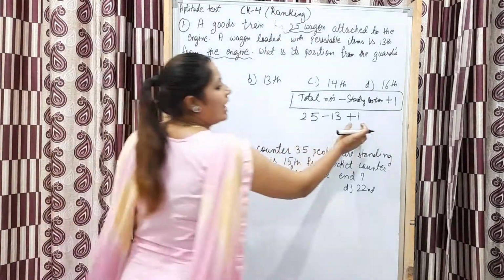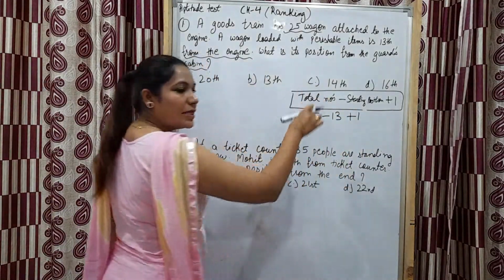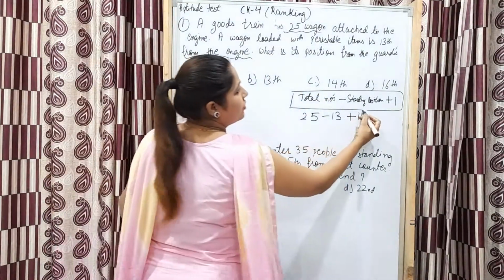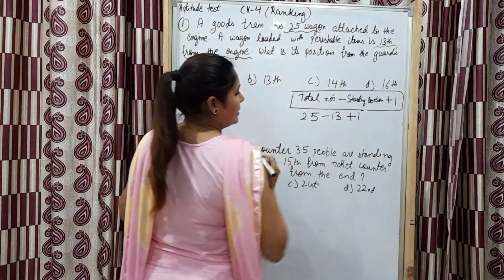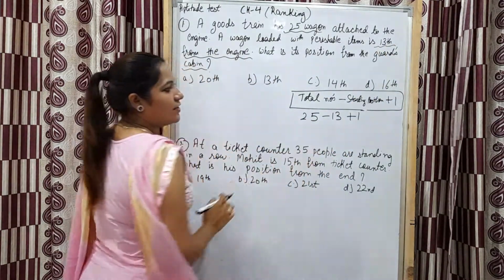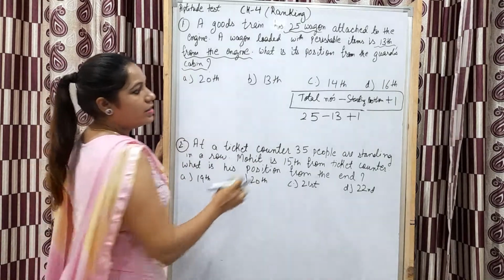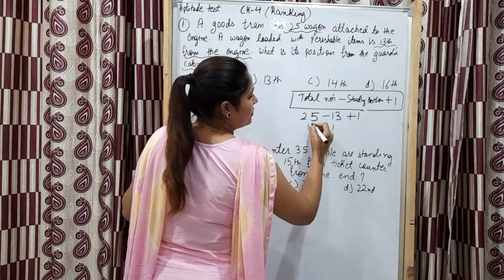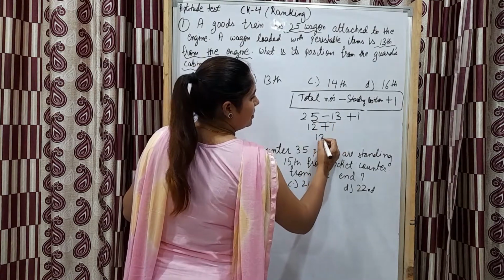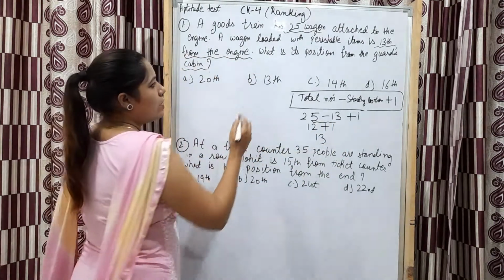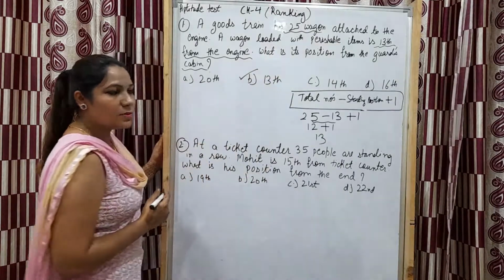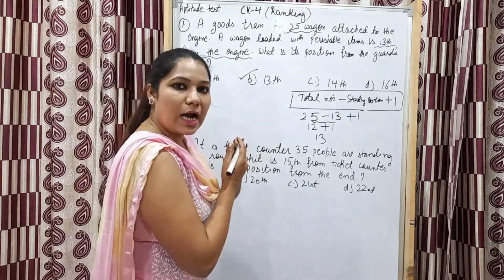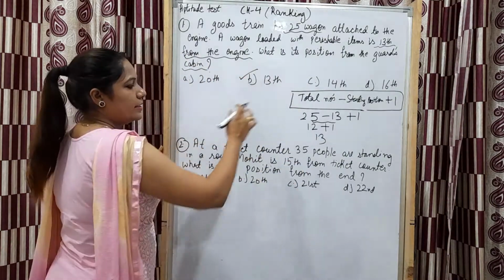That is why we add 1 for that particular position which is given to you, that is 13. Now 25 minus 13 plus 1: 12, then 12 plus 1, 13. Now our answer is the 13th position from the guard position.